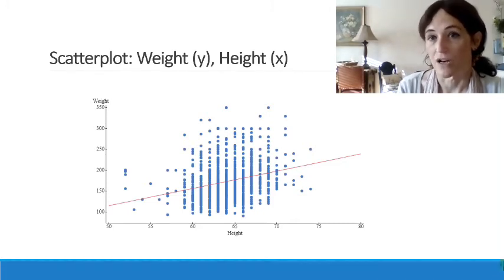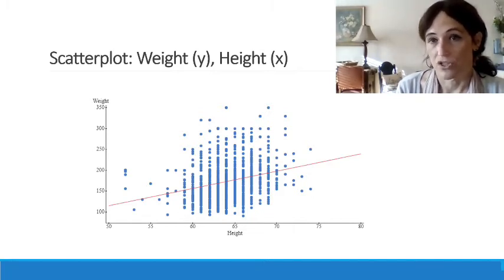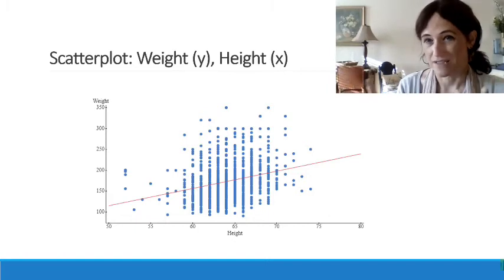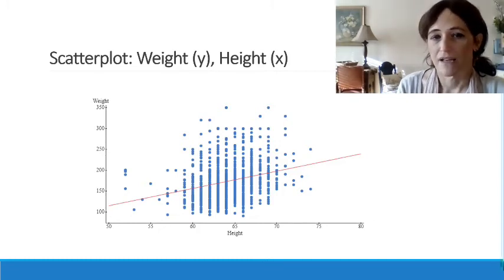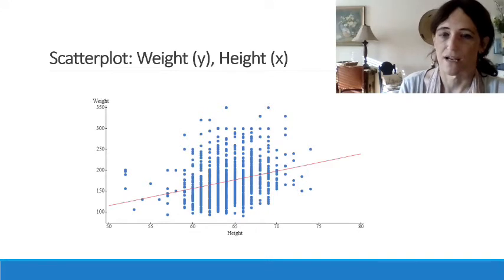Here we can also use a scatter plot in linear regression to explore the relationship between two variables. Mind you, if we have too many observations, the scatter plot can look a little messy or overfilled with points. But here we have a relatively small data set, and so we can visualize this.